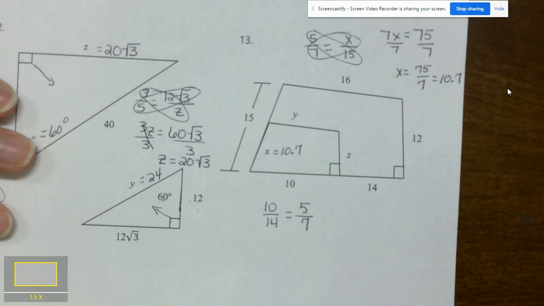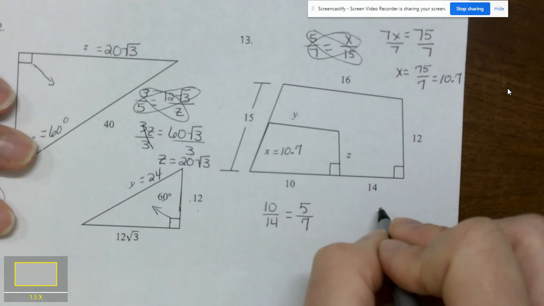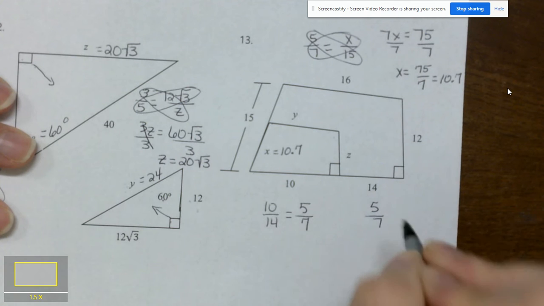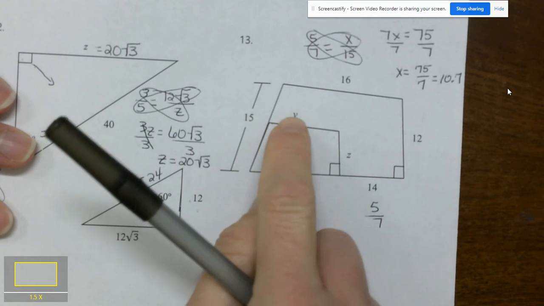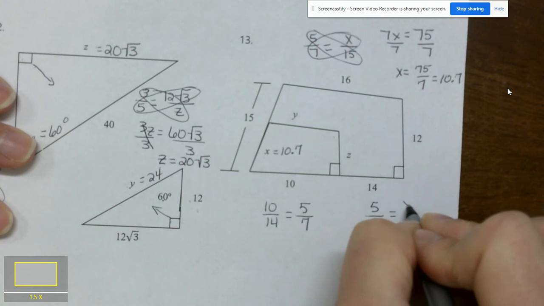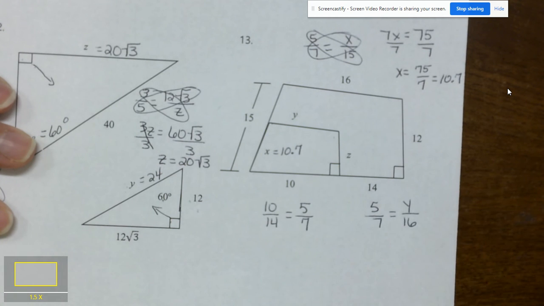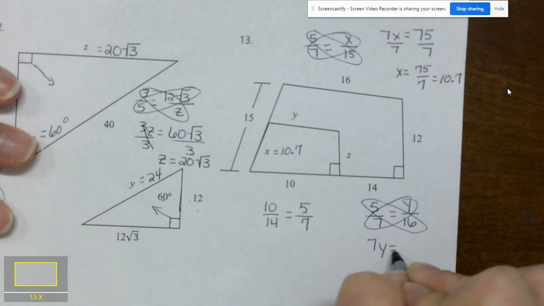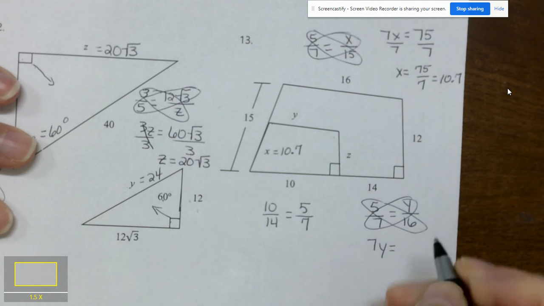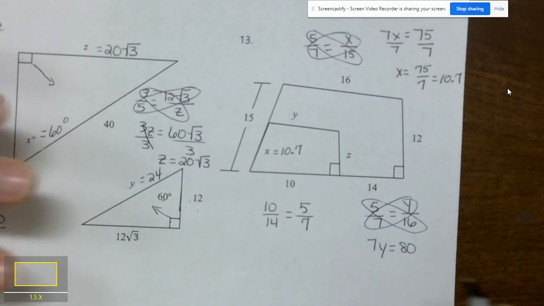Okay, for y, again, we have 5 is to 7. That was 10 is to 14. So 5 is to 7 equals y is to 16. If we cross multiply here, that gives us 7y equals 5 times 16, which is 80.